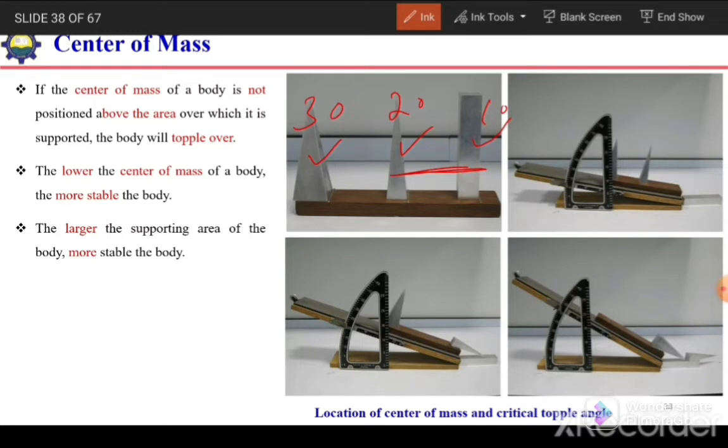Here the difference was the height of the center of mass, and here the difference was the supporting area. The lower the center of mass, the more stable the structure. Similarly, the higher the supporting area, the more stable the structure.